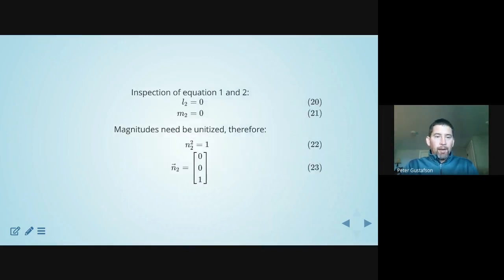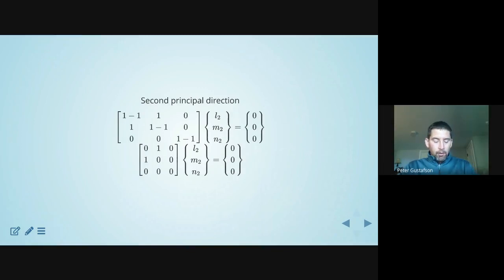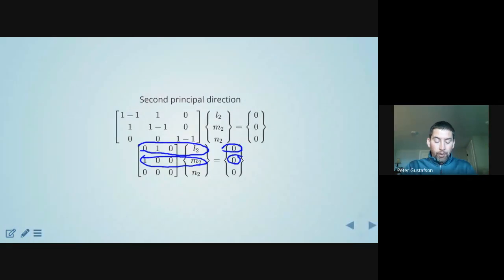The bold statement is that inspection of both equation 1 and equation 2 immediately gives us the magnitudes of L2 and M2. Again, you can see this equation here and this equation here, we know that L2 and M2 are both identically equal to 0.